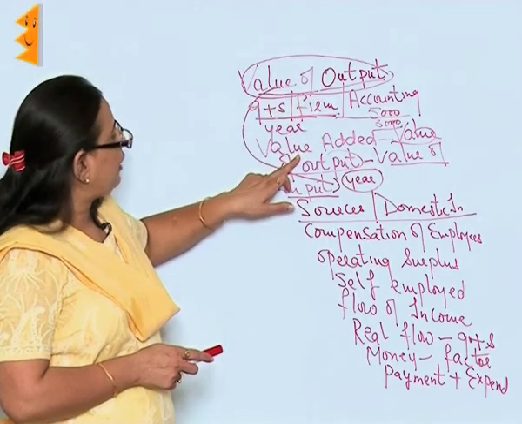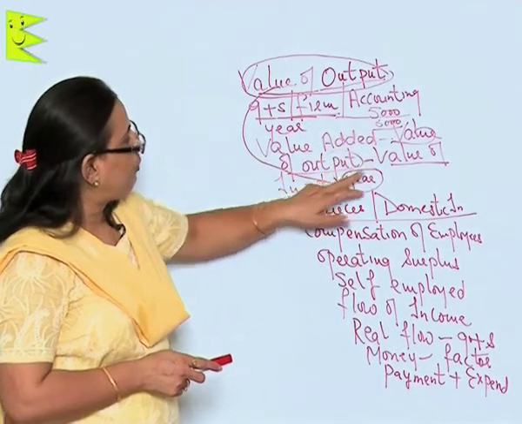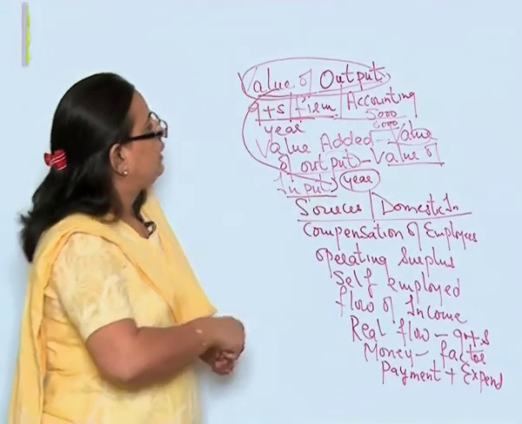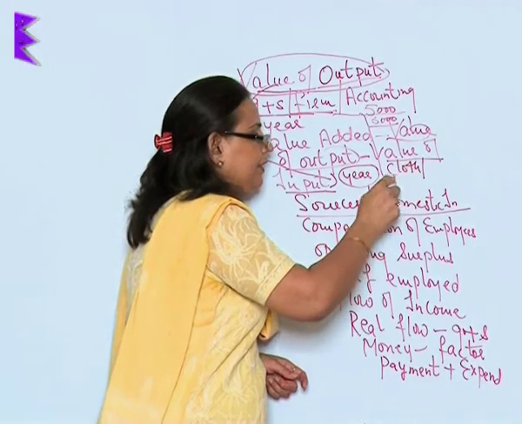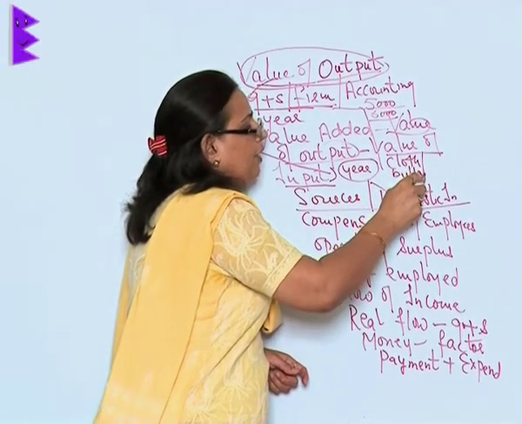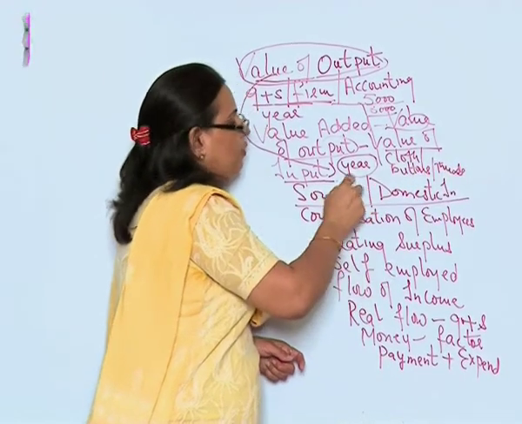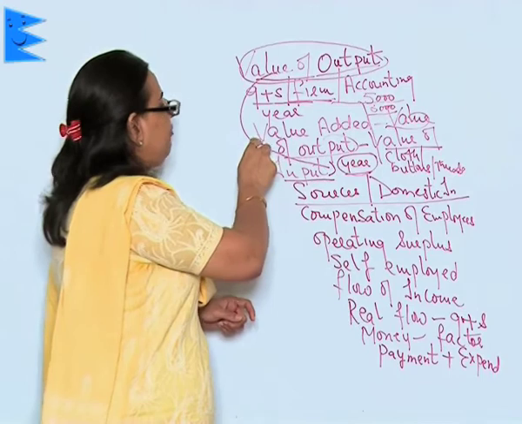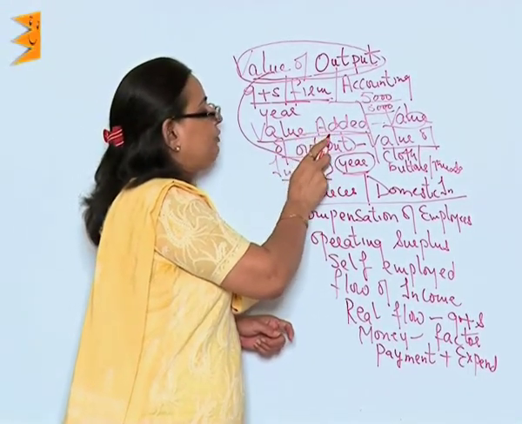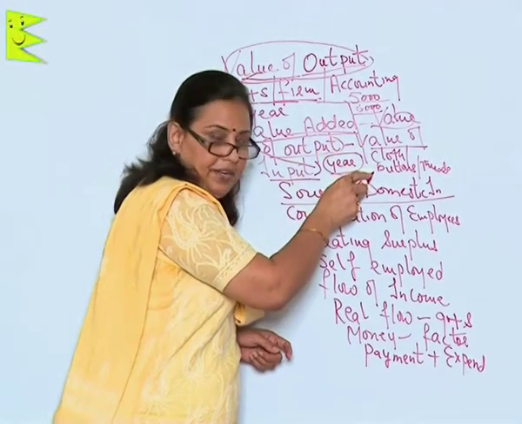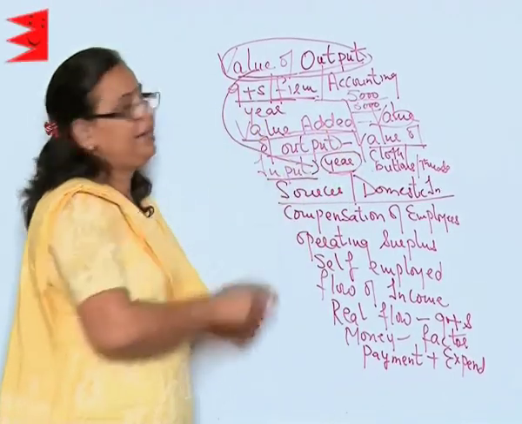But when I have to calculate the value added, I will calculate it as the value of output minus the value of input, that is how much cloth, buttons, threads, all this was bought from outside in a year. That will give me the value added, which means the value which was added to the intermediate goods which had been bought by a firm in a particular year.